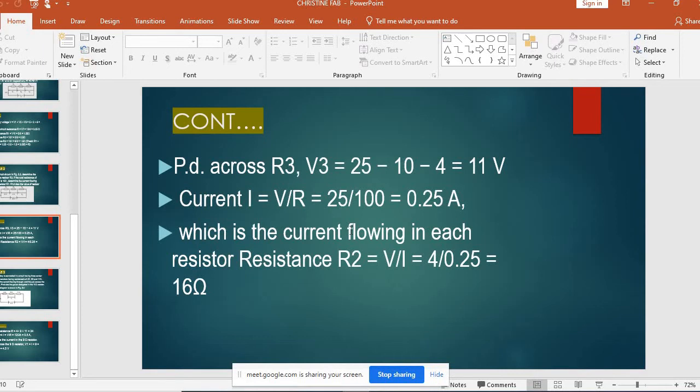Resistance R2 is equal to voltage divided by current, which is 4 divided by 0.25.